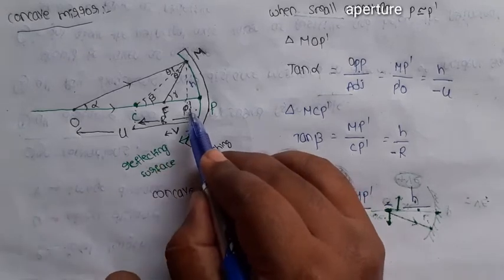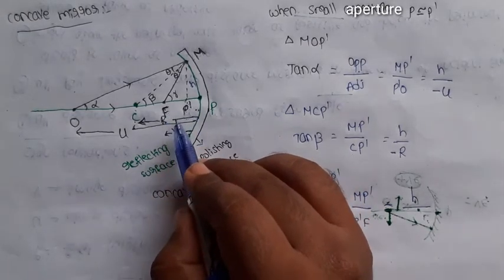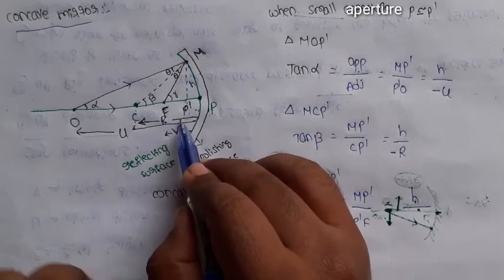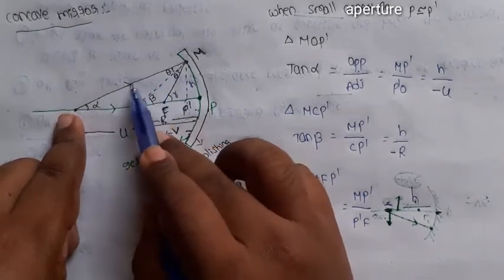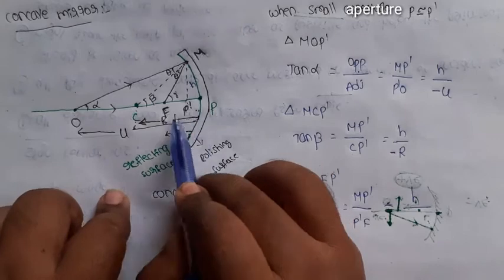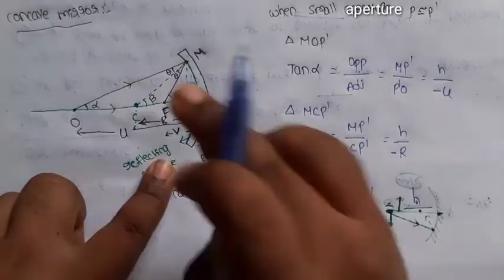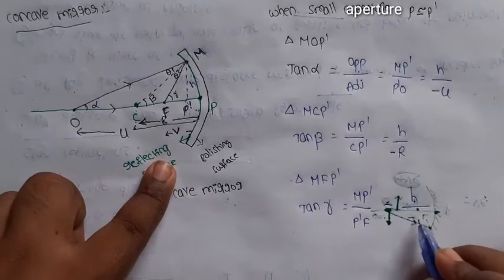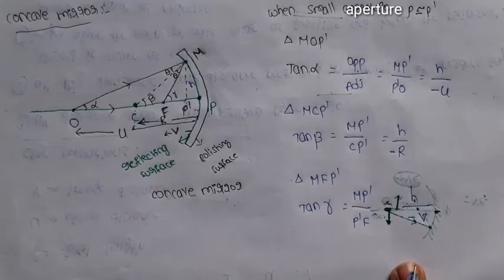We are measuring the distance from pole to focus, which is opposite to the incident ray. This is the incident ray direction. We are measuring the distance from pole to F, which is opposite to the incident ray. So we are taking minus v. The object distance is also a negative value.